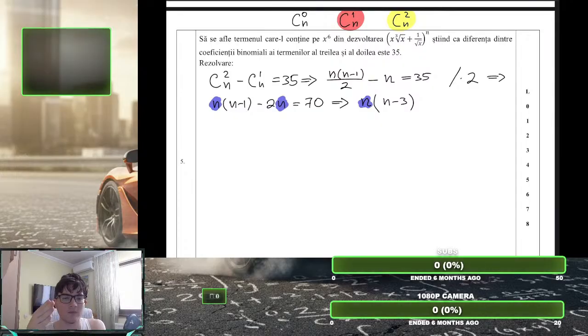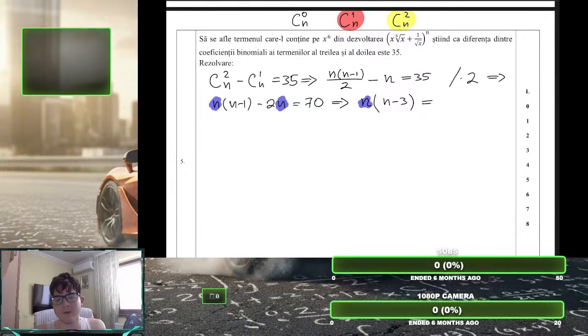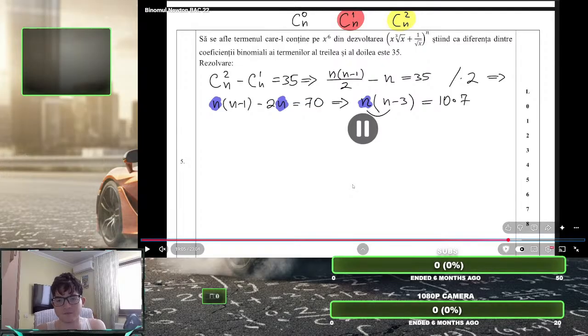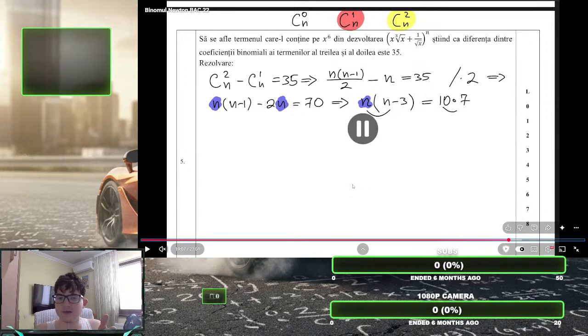Boom. And boom. Minus 1 of minus 2 minus 3. This is a bit advanced. I'm just gonna stick to a normal one. It's 70. N to the power of 2 minus 3n. This guy is advanced. 10 times 7, he already split it. N is 10.